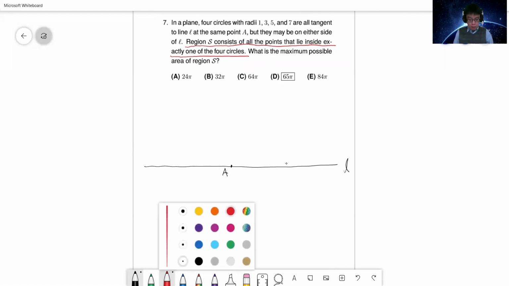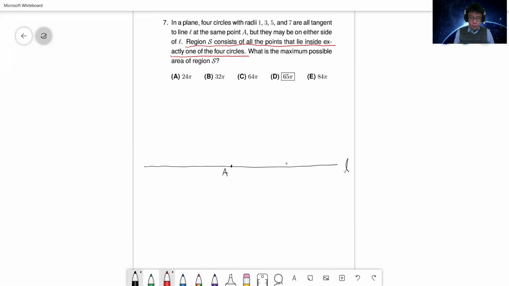In order to maximize the area of region S, we must separate the 2 largest circles, radius 7 and the radius 5. So we place them on 2 sides. So this is radius 7.